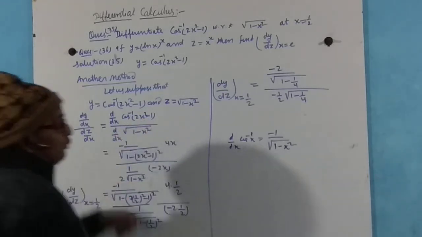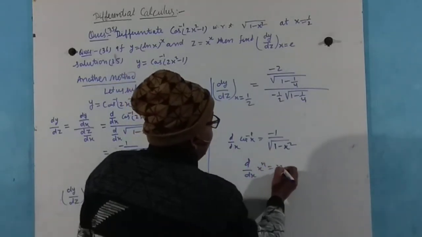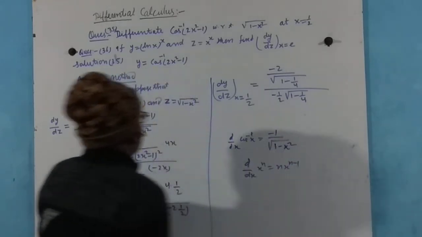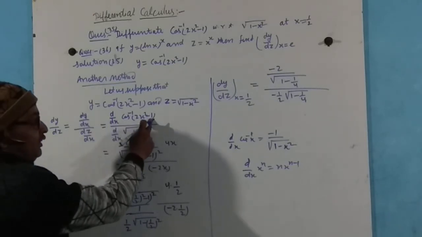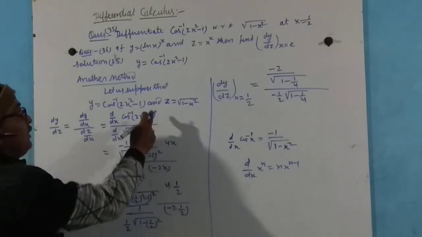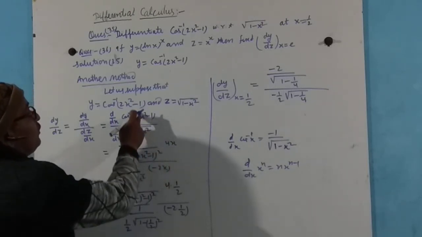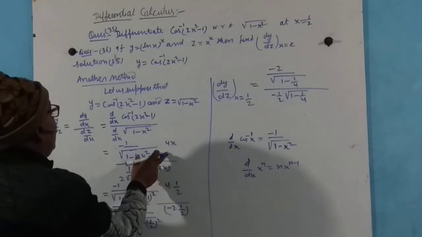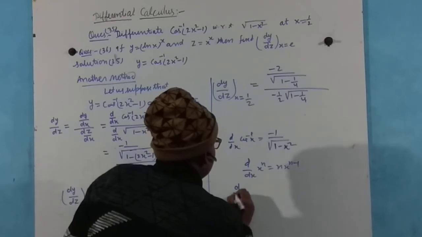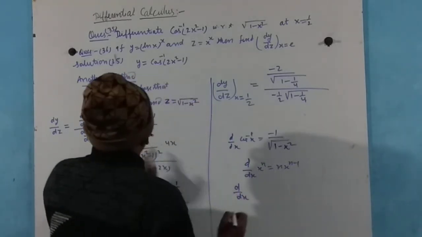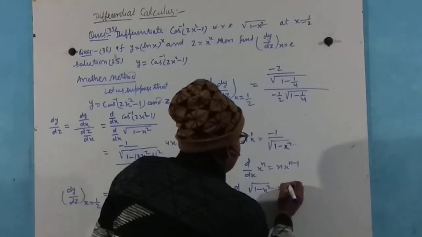Using d by dx of x to the power n is n x to the power n minus 1, this is 4x, and differentiation of the constant term is 0, so that this is equal to 4x. And then d by dx of under root 1 minus x square.